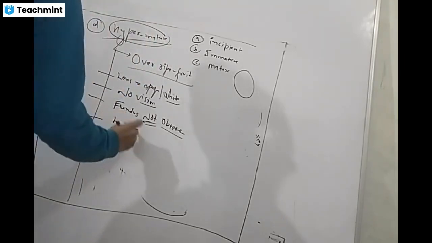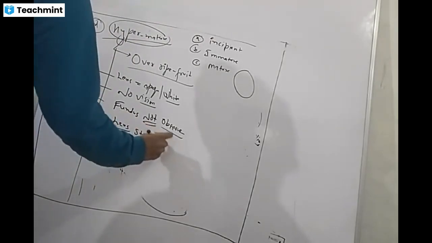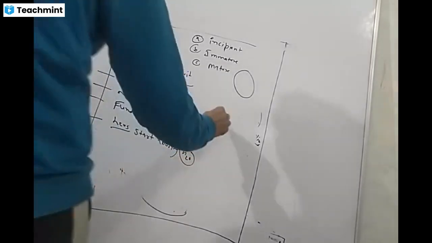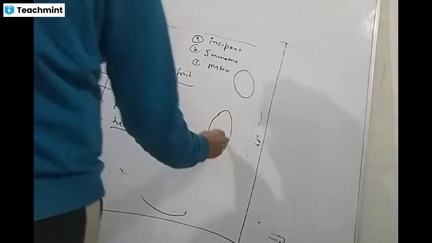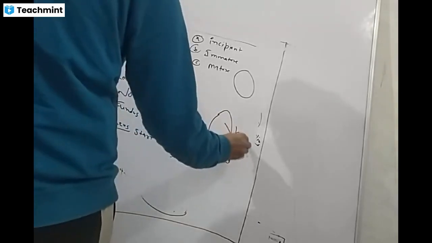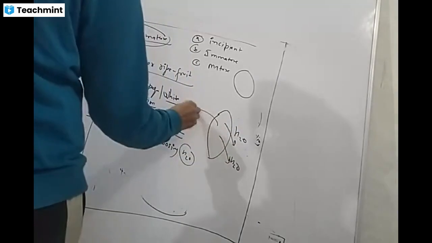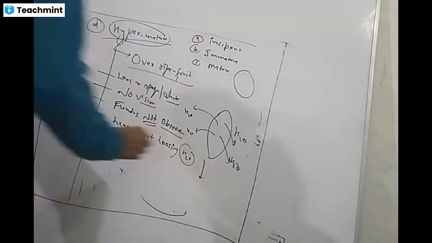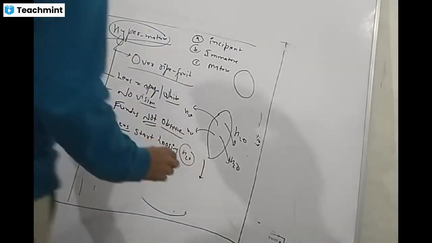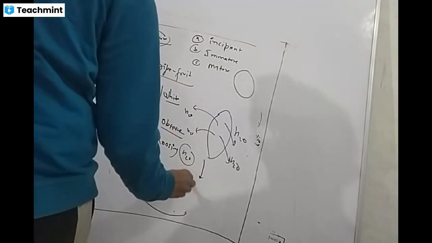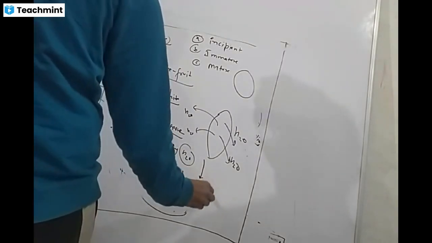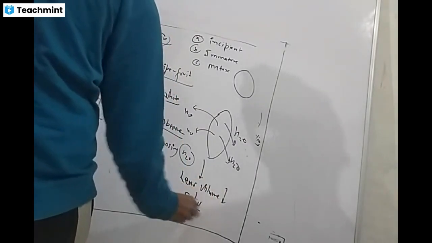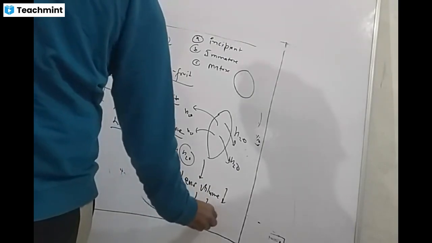In this case, the fundus, which is nothing but the retina, is not observable with the ophthalmoscope. You cannot observe the fundus. The most important part of hypermature is that the lens starts losing its water. This is the lens. It starts losing H2O. If the lens loses its water, the lens volume will decrease, it will become small, or you can say it will shrink.